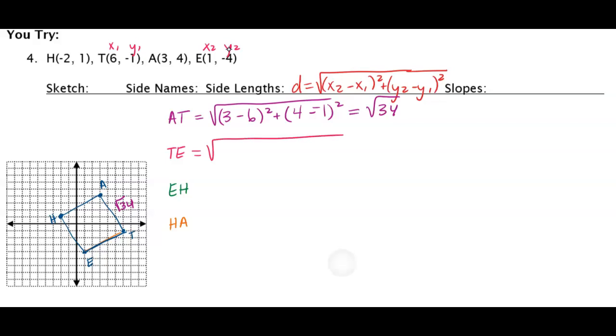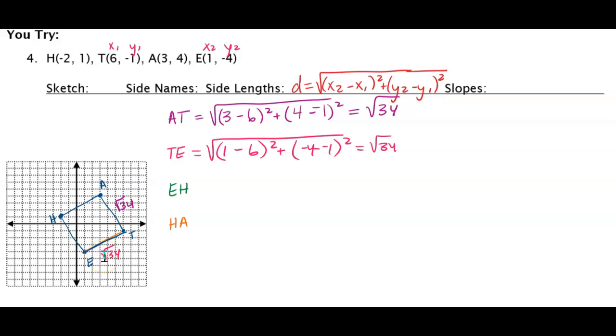I'm going to set up my distance formula, and now we just have to plug in numbers. x2 minus x1 is 1 minus 6, and then y2 minus y1 is -4 minus -1. So again, you're going to put this into your calculator, and you're just putting in the part that's under the radical. You're not actually putting in the radical. And we should get 34 again. So now I know that TE is also the square root of 34.